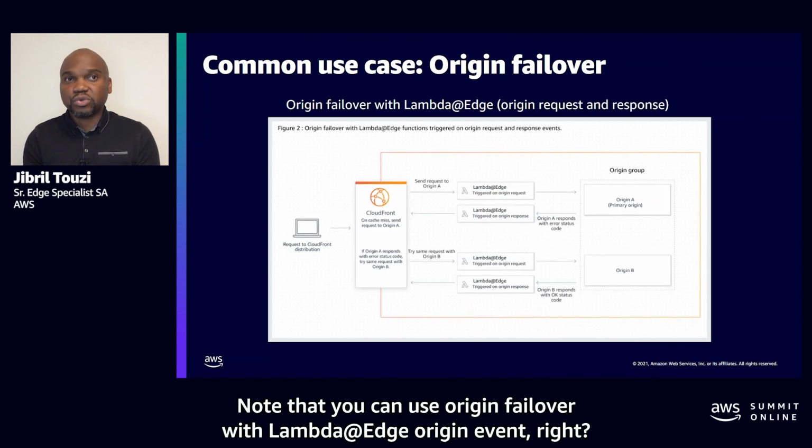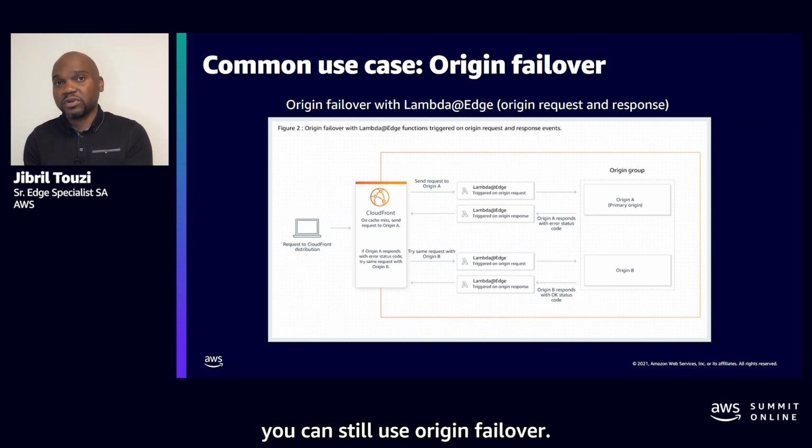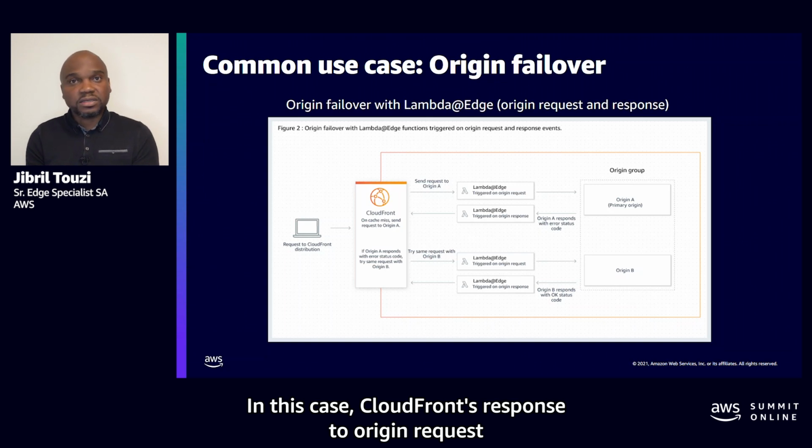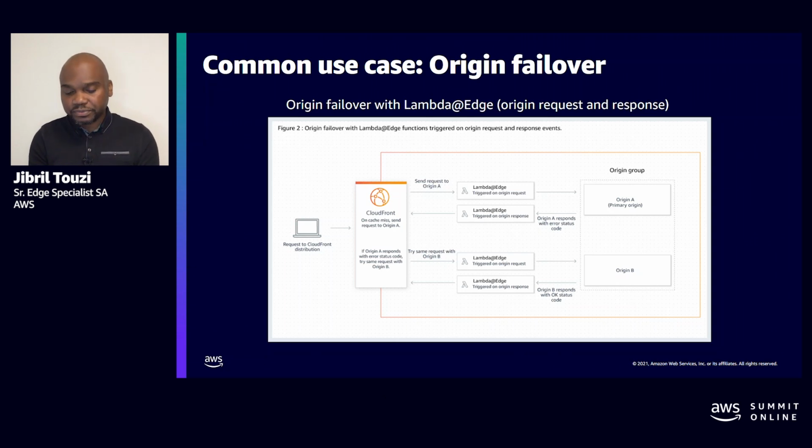Note that you can use origin failover with Lambda@Edge origin events, right? If you have a Lambda@Edge origin response or origin request, you can still use origin failover. In this case, the origin response or origin request will be triggered twice in case of failover.